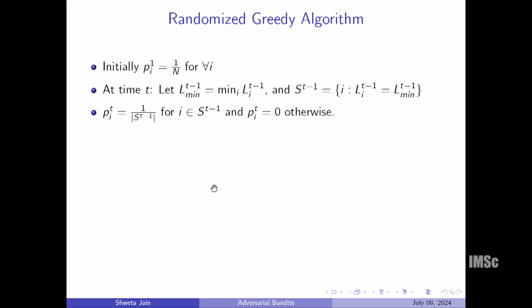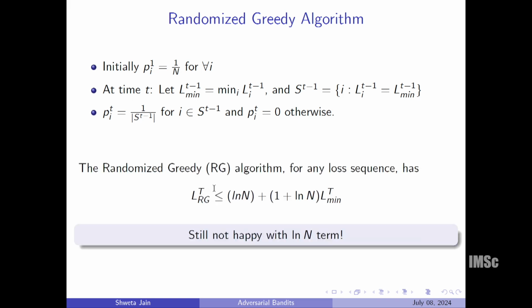Okay. So now what I will do is, this is called the randomized greedy algorithm. It is just a slight version of the greedy algorithm. What it does is, instead of deterministically selecting the arm from this ST minus 1, it assigns uniform probabilities to all the actions which have given me the least loss so far.